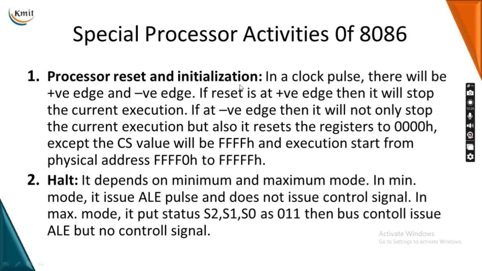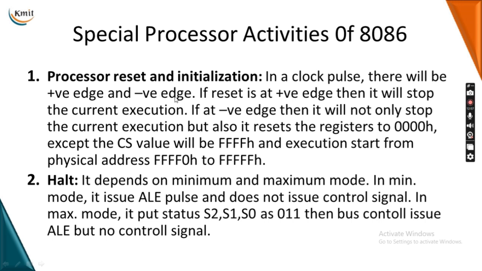If a clock pulse is being applied, there will automatically be a positive edge and a negative edge. If the reset operation is performed at the positive edge, it will stop the current execution, whatever operation it is performing.